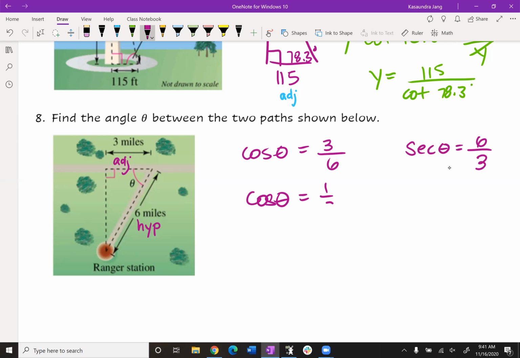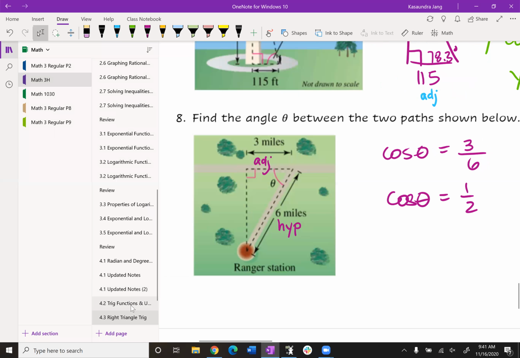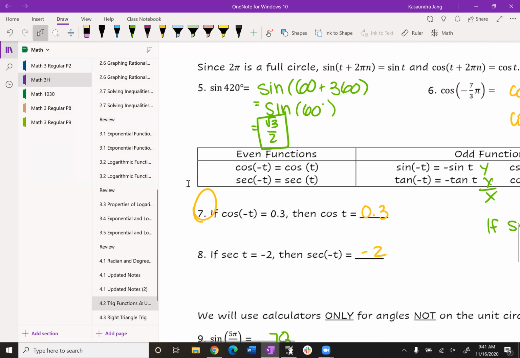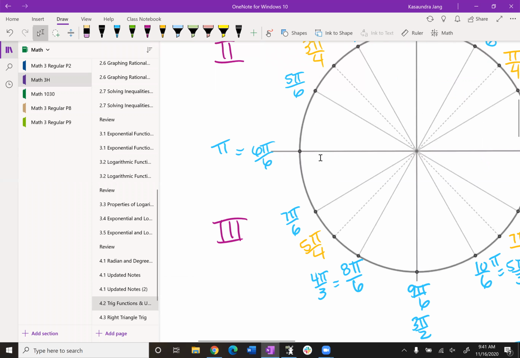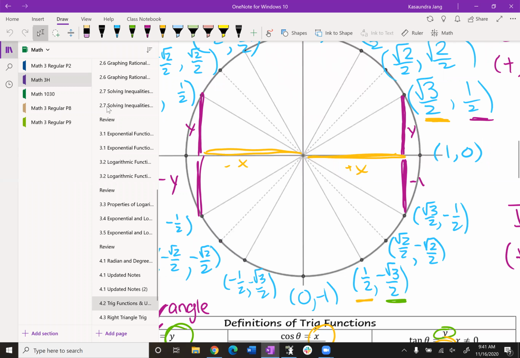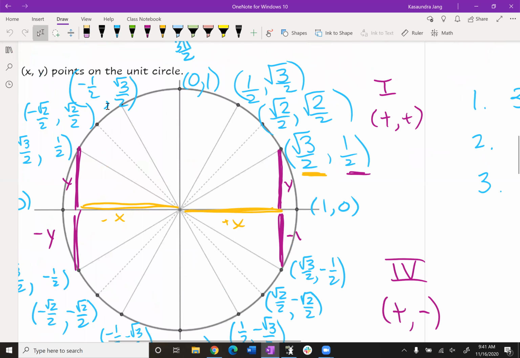So there's actually a couple different ways you can do this. So this is down to a 1/2, right? You can actually put it in your calculator, or you can pretty much look at the unit circle. Is there any spot on the unit circle where your cosine, like your x value on your unit circle, is a 1/2? So I'm looking at my unit circle right here. I'm looking for the x value to be a 1/2.